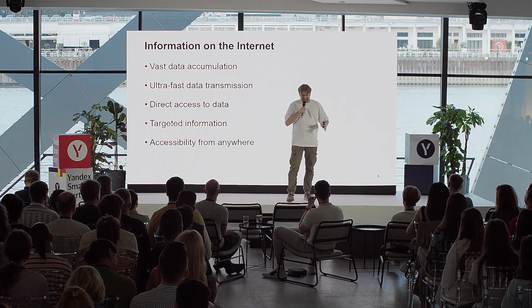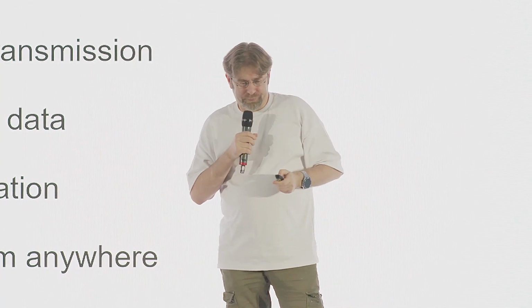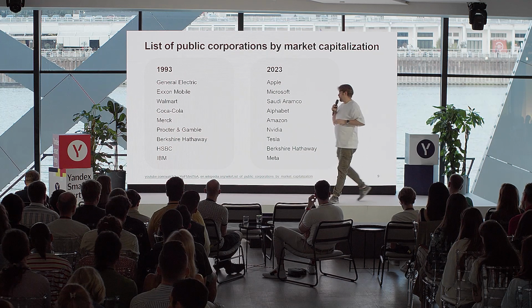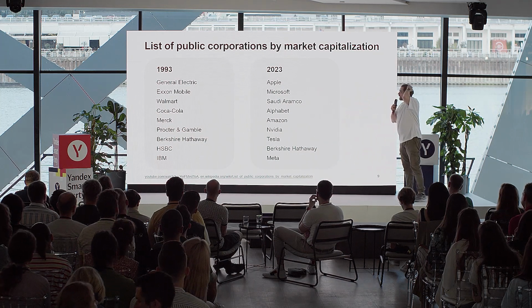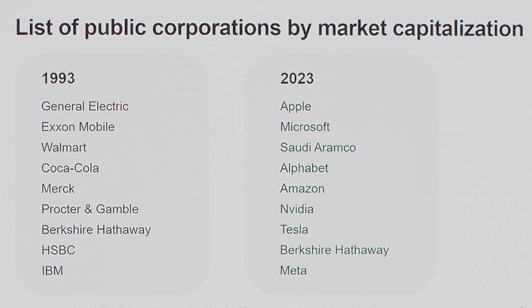Okay, let's continue. And internet accessible from everywhere. I would like to show you, what is this? This is a list of public corporations by market cap. 30 years different. Look at the difference, okay? 30 years ago, just one IT company was on top of the list of corporations by market cap.